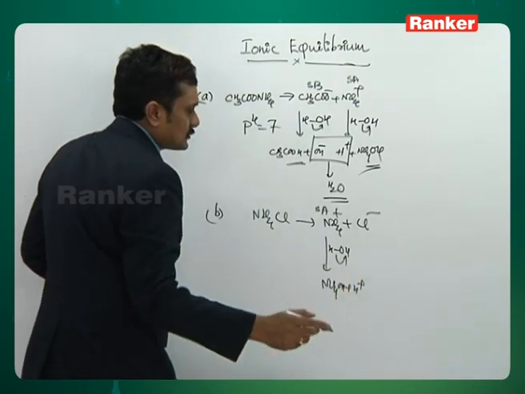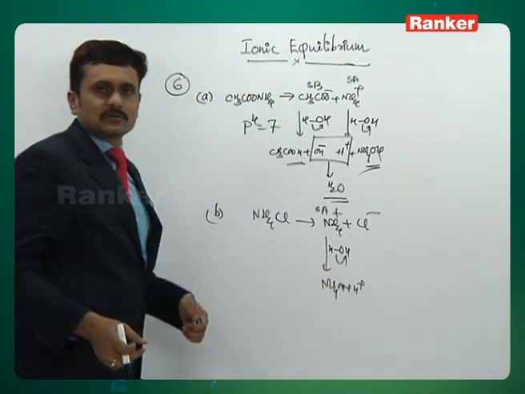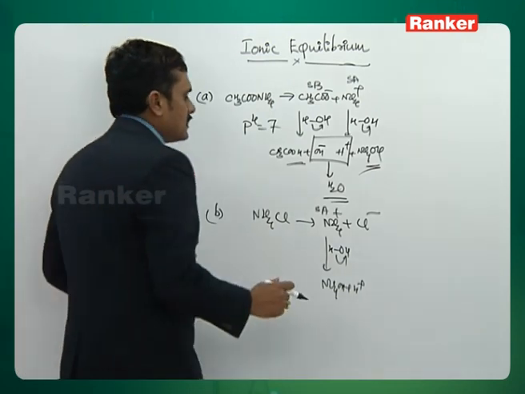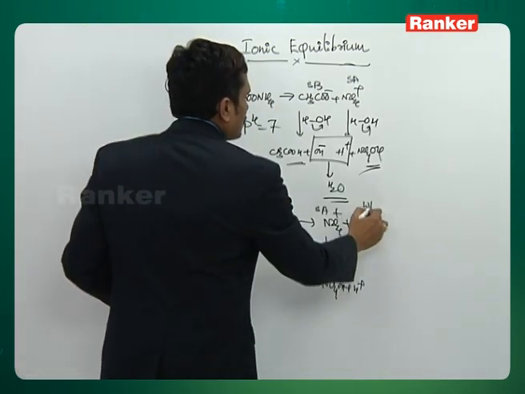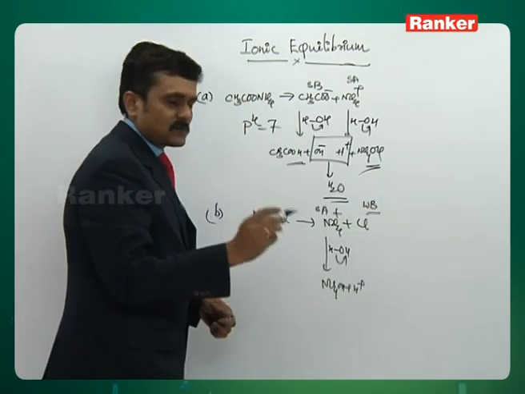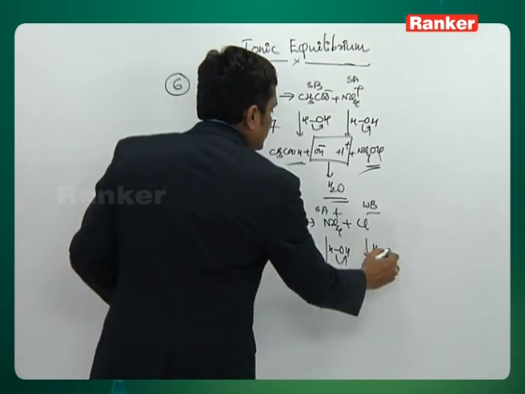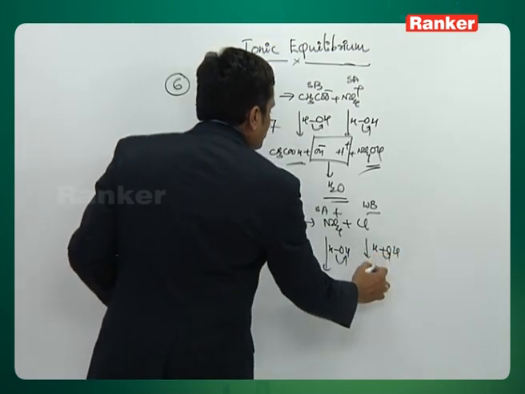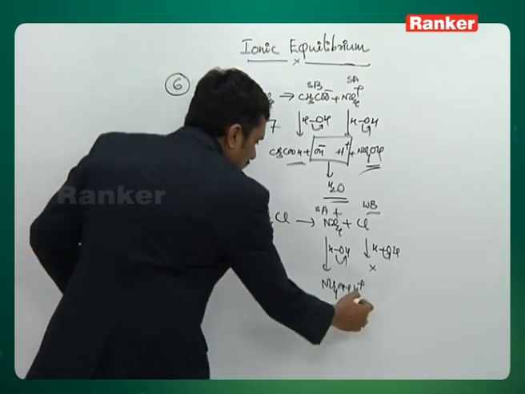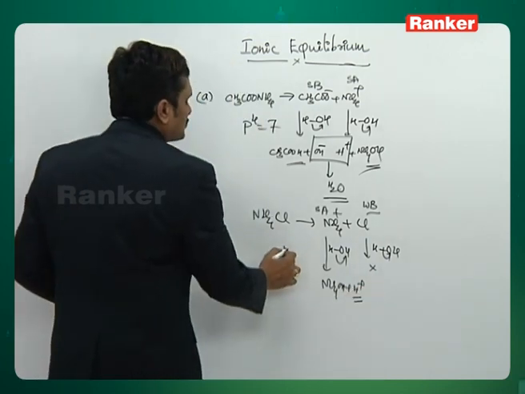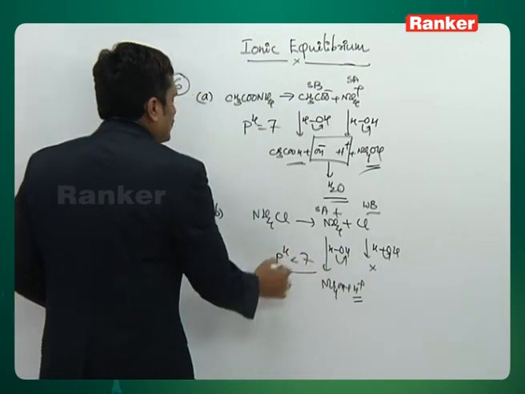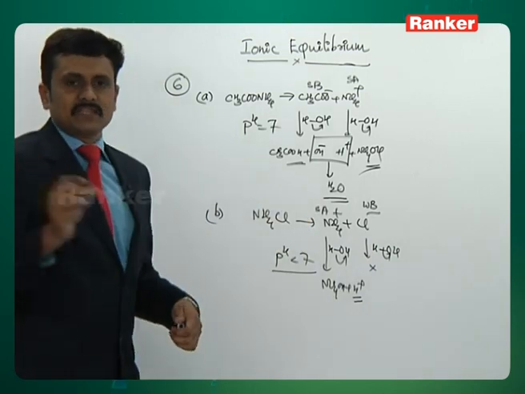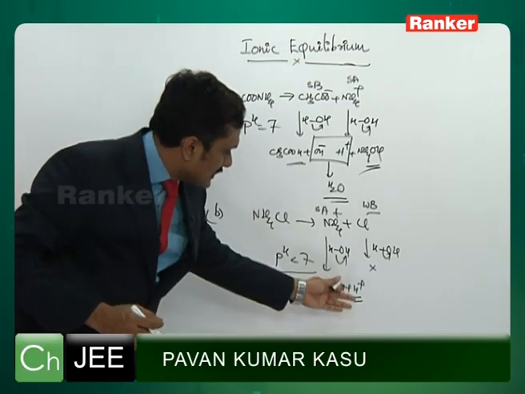But we know also that this is the conjugate base of HCl, which happens to be a weak base because HCl is a strong acid. So therefore this is nowhere in a position to abstract a proton from water. So the resulting ions are H plus, so therefore the pH of this solution will be less than 7 as far as option B is concerned. I mean to say the solution will be acidic.